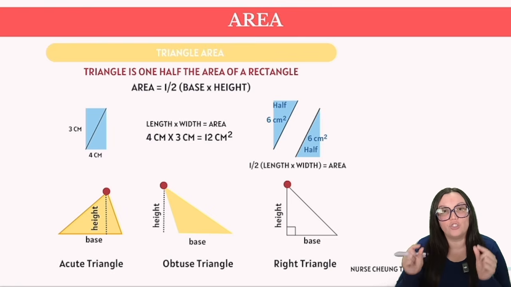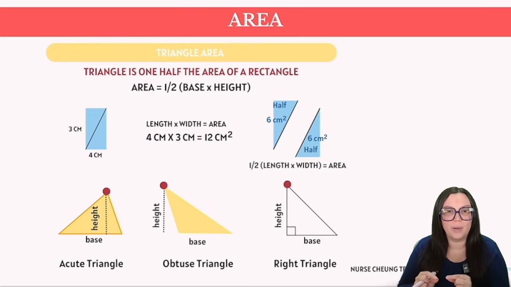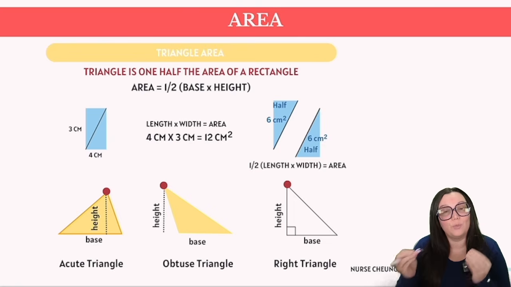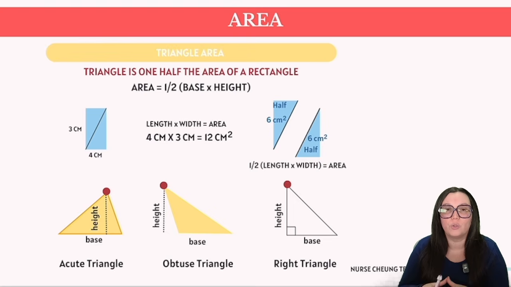This action creates 2 triangles, each occupying half of the area of our original rectangle. Given that the rectangle's area is 12 square centimeters, the area of each triangle would be half of the overall area that we saw in our rectangle, meaning that each triangle is 6 square centimeters.